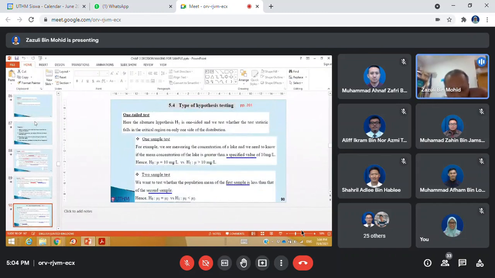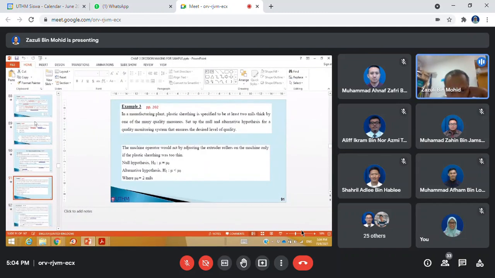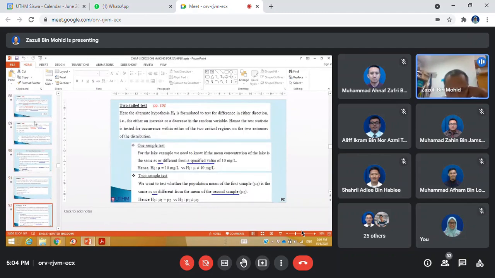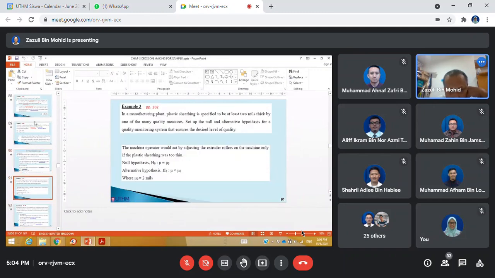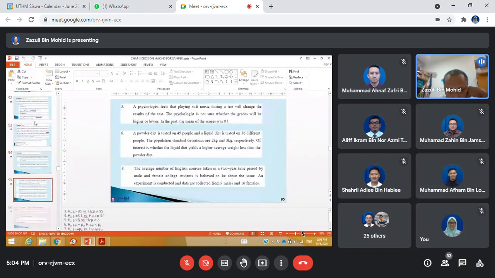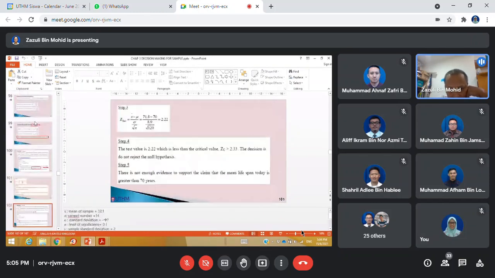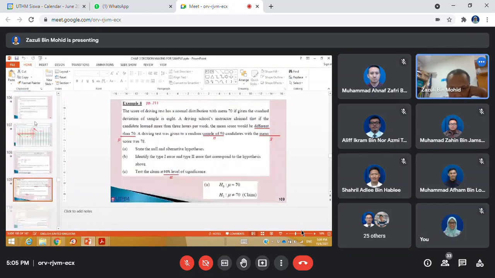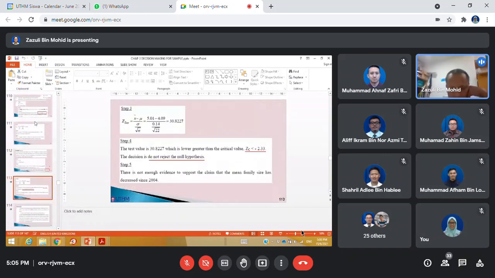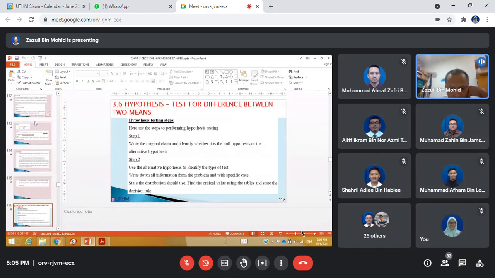We have one tail test. We also have two tail tests of hypothesis. Okay, but this is for the single mean. And then you have the two means. Because you have two different mean values there, you have to refer to the hypothesis test for difference between two means.